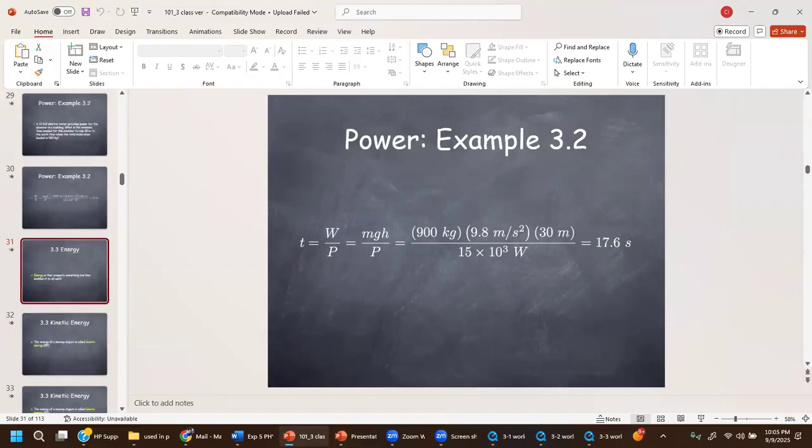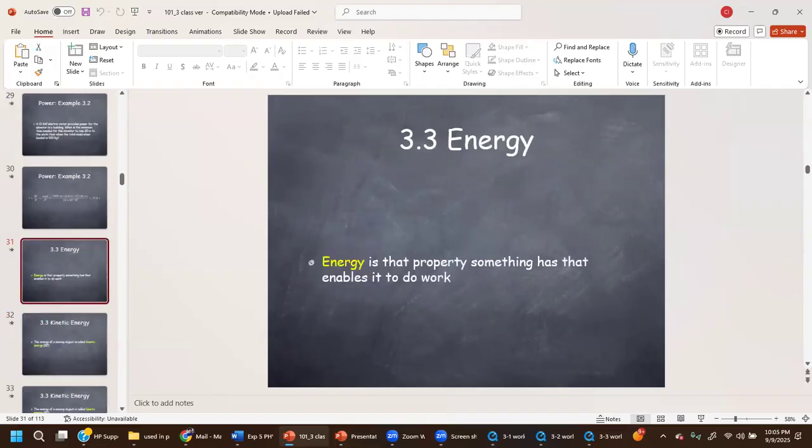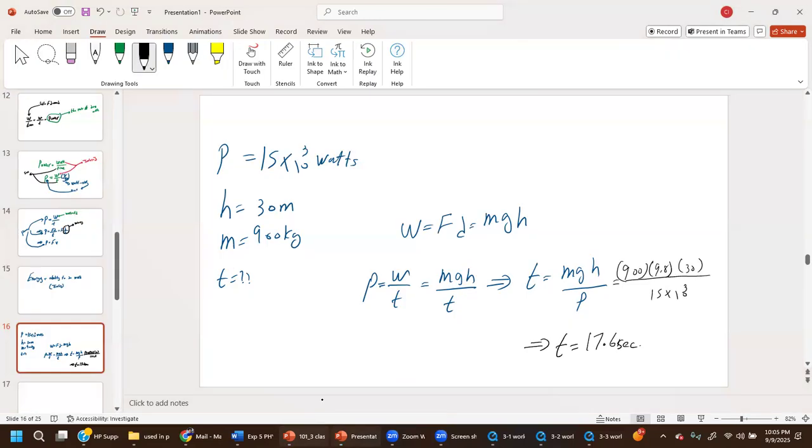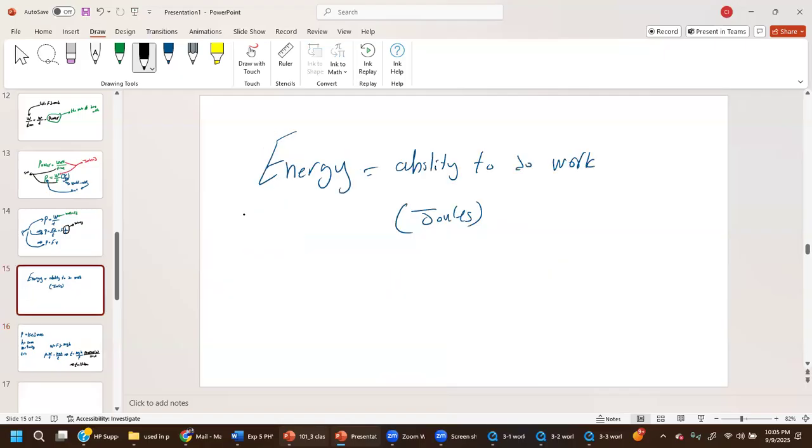So basically, energy is a property that enables something to do work. Now, when you talk about energy, there are two types of energies we're going to be talking about.